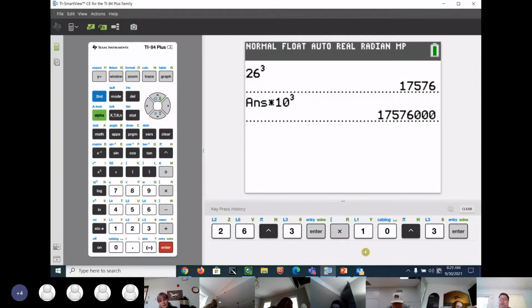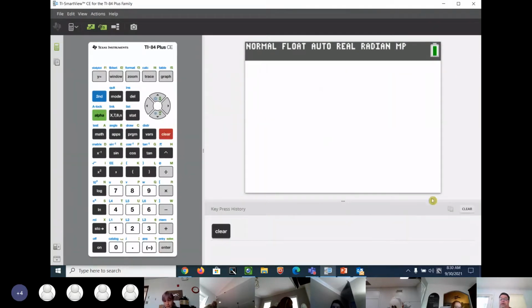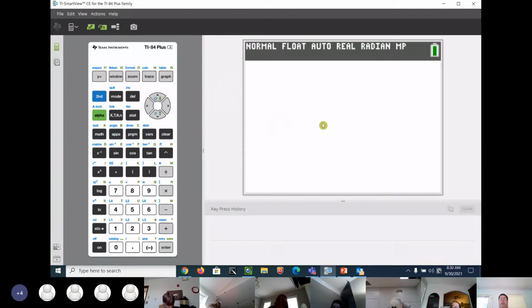So let's clear this and clear everything else and get out your calculator if you got it. Does anybody know where the factorial hangs out?